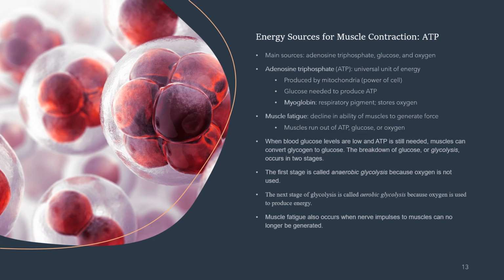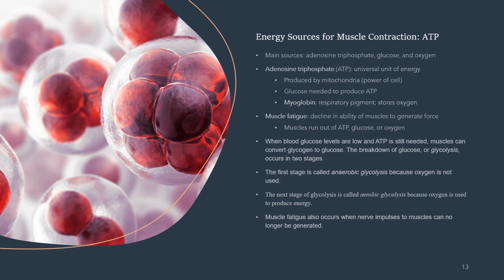These two terms have to do with the oxygen that is being broken down as part of the glucose. So remember, we also have to have that ATP, but also glucose and oxygen. So be familiar with what anaerobic and aerobic glycolysis is, or how that glucose is being broken down and what those need.